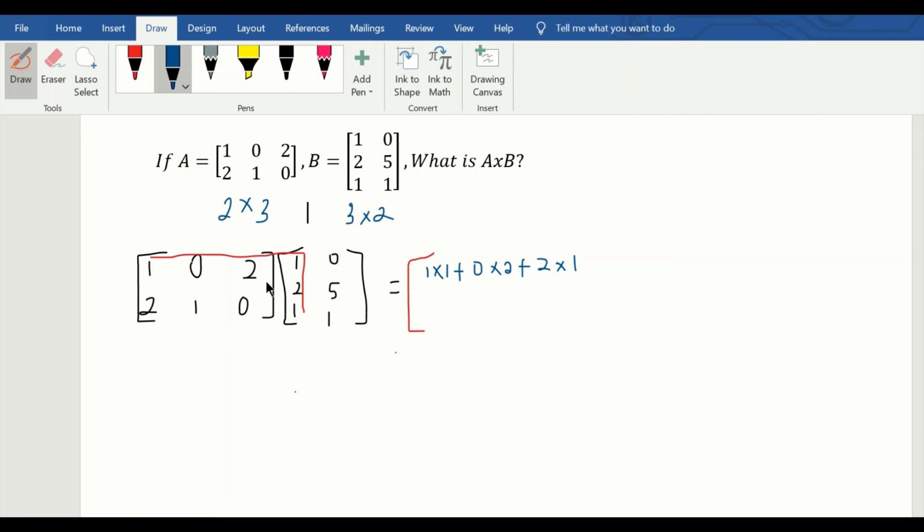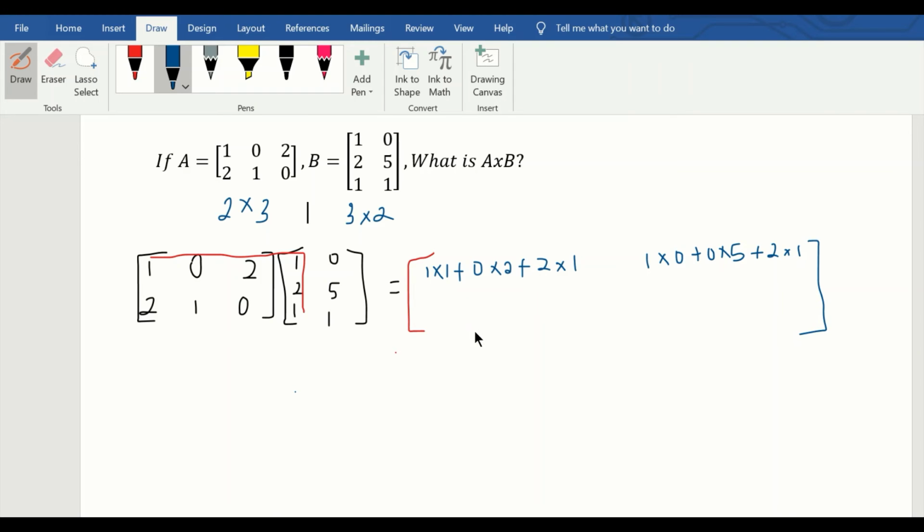The second element is 1 times 0 plus 0 times 5 plus 2 times 1. All right, that's for the second element.